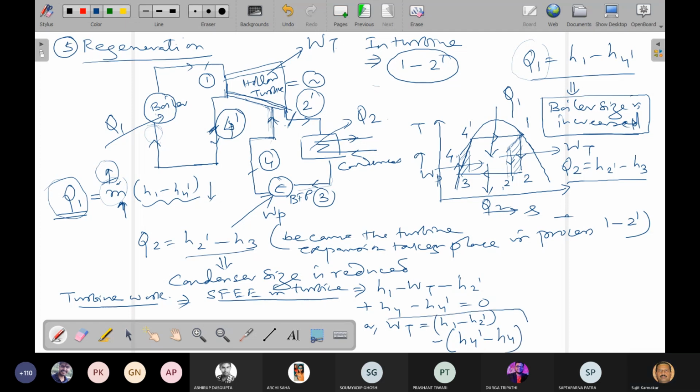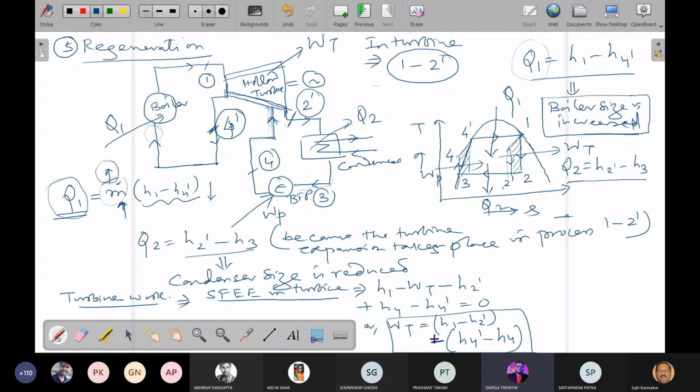Please note it down. It is not simply H1 minus H2 dash. So that means in this case, is the turbine work done the same or reduced?